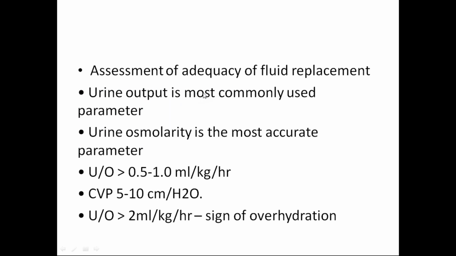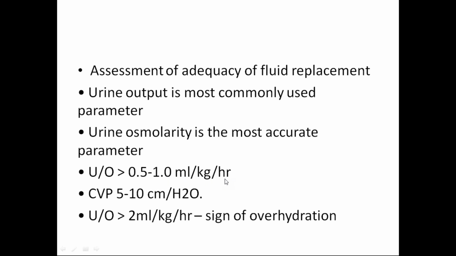Assessment of adequacy of fluid output. Urine output indicates tissue perfusion, so fluid requirement will be based on the urine output. The minimal urine output should be more than 0.5 to 1 ml per kg per hour in children, and in adults it should be more than 1 ml per kg per hour.